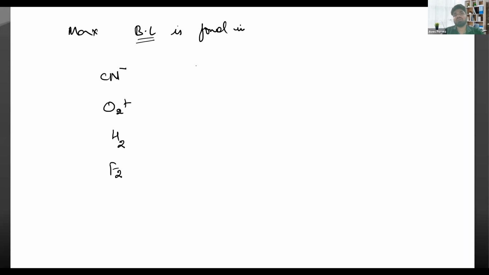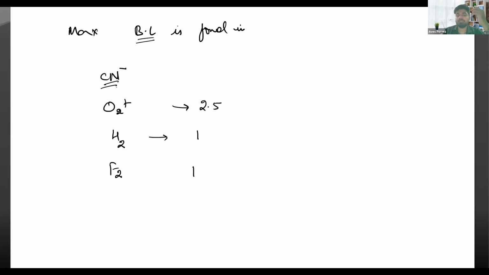So find which is going to have the least bond length. H2 positive is going to have one bond order, F2 is also going to have one bond order. What is the bond order of O2 positive? Check the 15th electron. For the 15th electron, there will be 2.5.